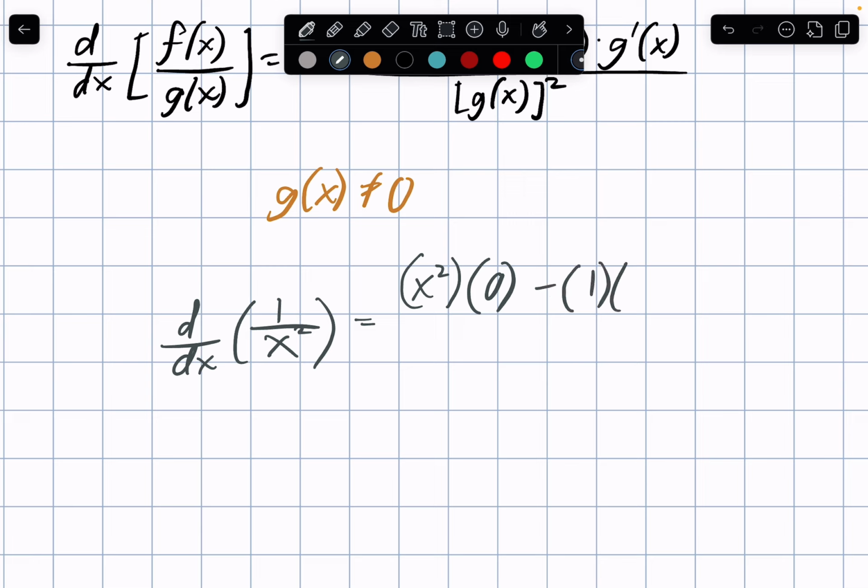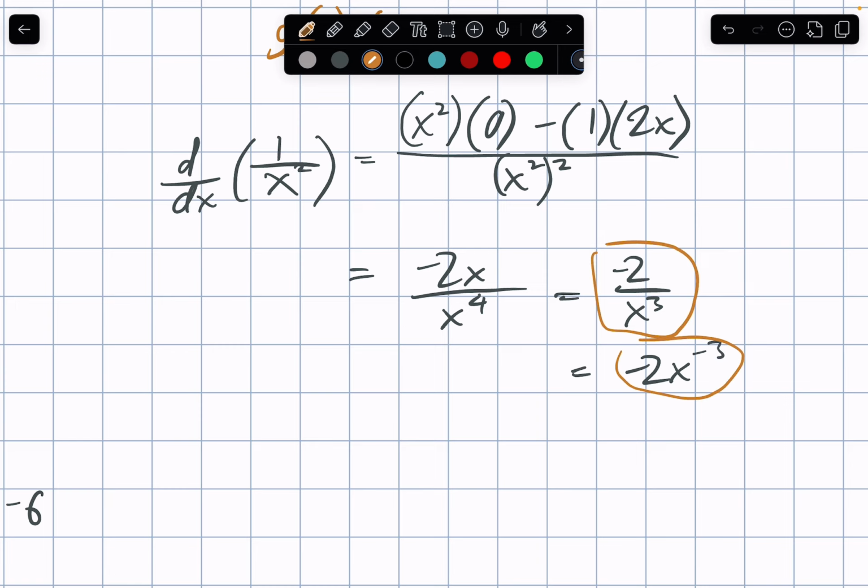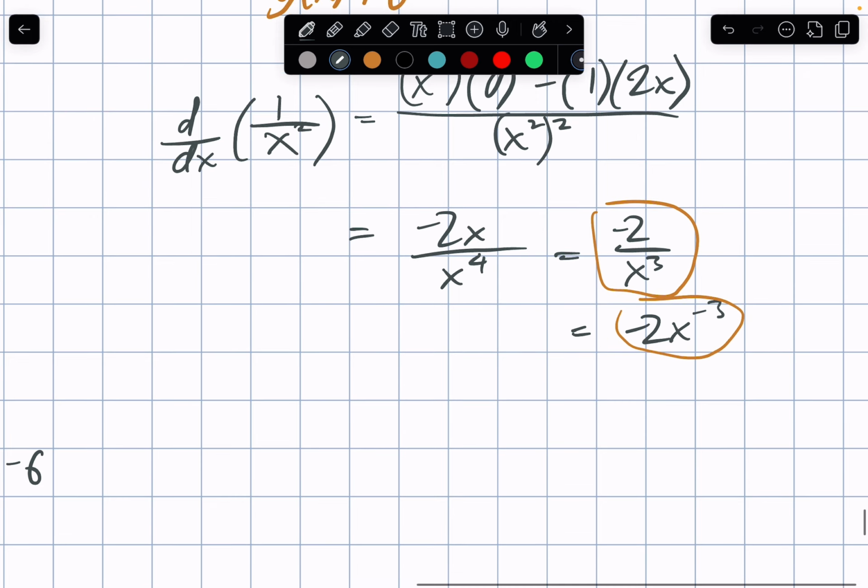And then copy the numerator, and then times the derivative of the denominator, divided by x squared, whatever the denominator is, and then square it. So it's going to be this negative 2 over x cubed. You can rewrite that as that. So either way, technically both are acceptable.